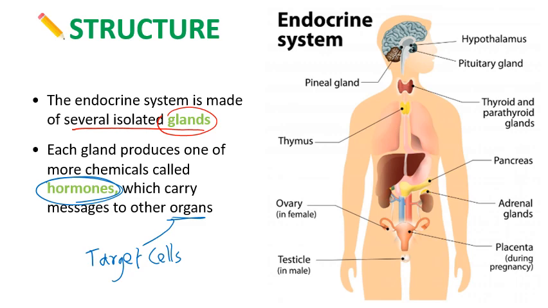So the key thing with the endocrine system, it's a bit unusual. It's not like the digestive system or the respiratory system where all the organs are connected, but the glands are pretty much isolated all throughout the body. They're not connected, but remember, they communicate with each other using hormones. So they're connected essentially by the bloodstream.